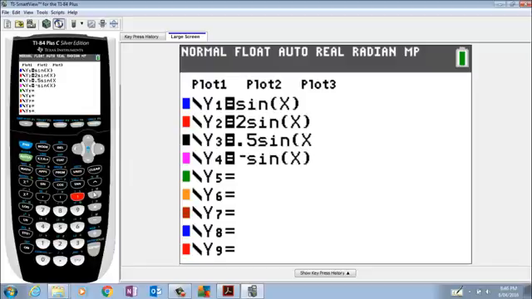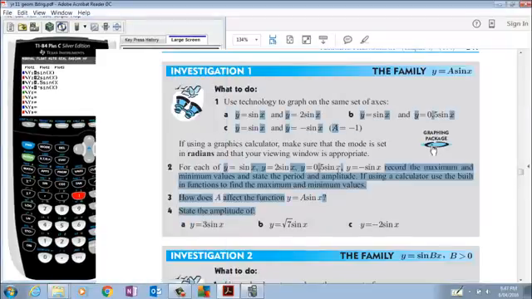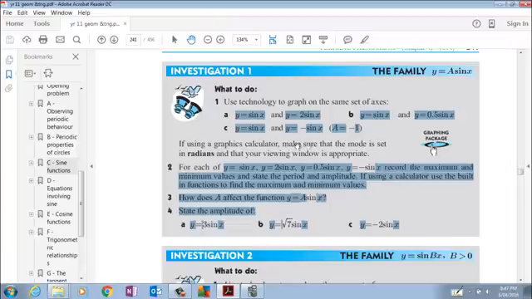we can press zoom fit. It tries to do the best scaling, but we know that this is going to be in radians. It's got it listed at the top there, and that's what it tells us here to do. It says to use calculator, make sure the mode is set in radians and your viewing window is appropriate.